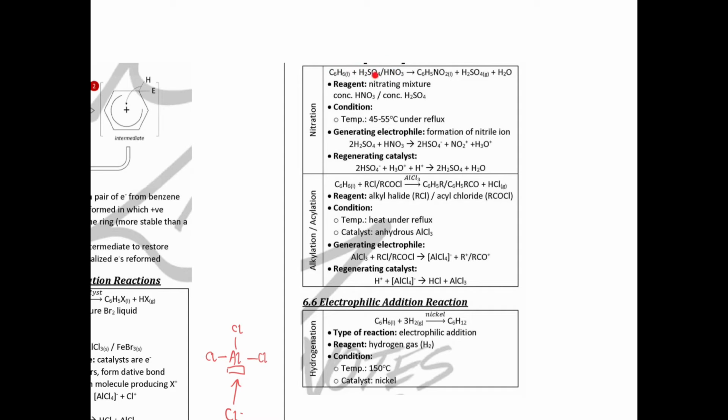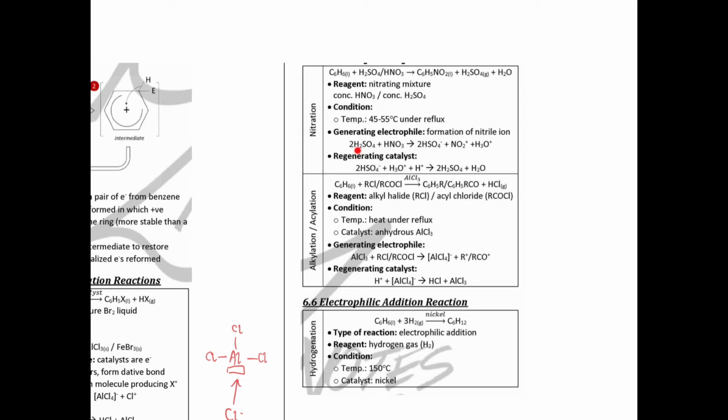First of all, let's see how these two acids react with each other to generate the electrophile, the formation of the nitronium ion. Between sulfuric acid and nitric acid, obviously H2SO4 is stronger, because it is a diprotic acid with two hydrogens.